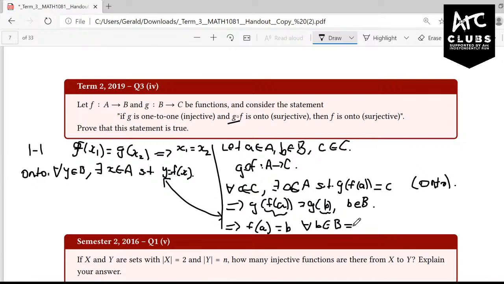And so what that means is that f must be onto. F is onto. And we have the proof.